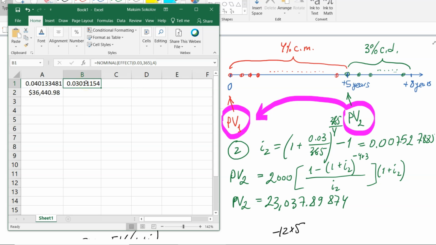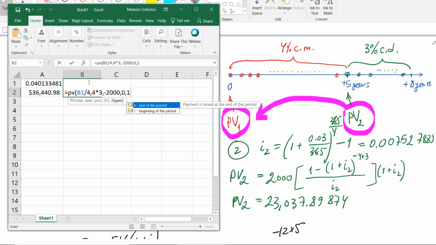This rate in B1 now is a new rate compounded quarterly, which is equivalent to 3% compounded daily. We will use this to compute present value. Present value is based on the rate, which is B1 divided by 4. Number of periods in this case is 4 times 3, because there are 3 years in that green period. Payment is minus 2000. Future value is 0. And the annuity is due.